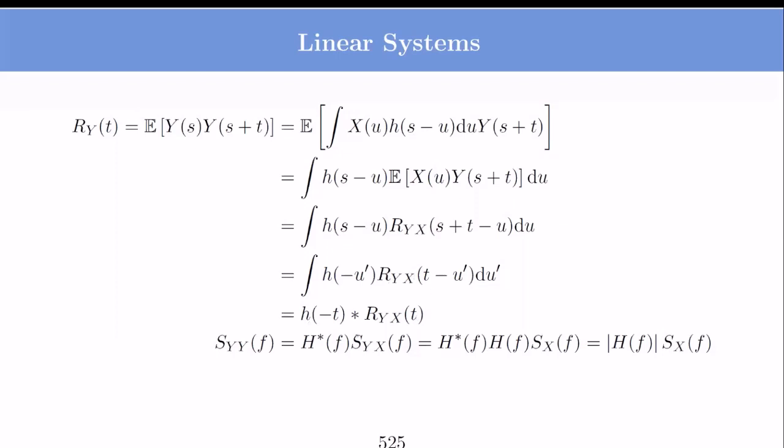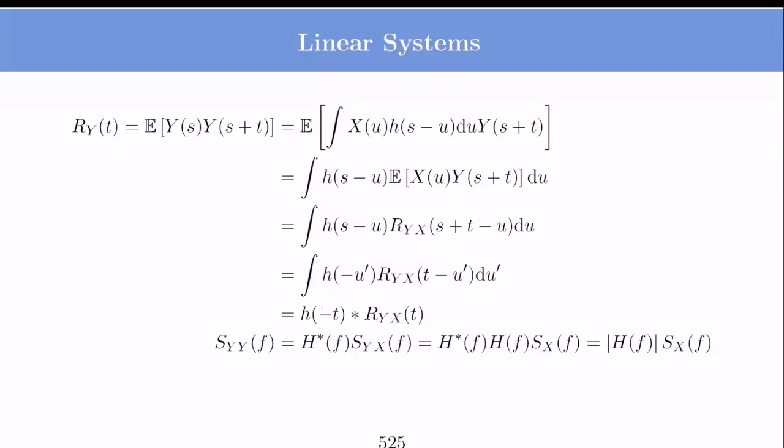Okay, so if this is the convolution, then the Fourier transform of Ry(t) should be equal to the Fourier transform of this into the Fourier transform of this. So the Fourier transform of this, let's call it Sy(f), which is the PSD of y.